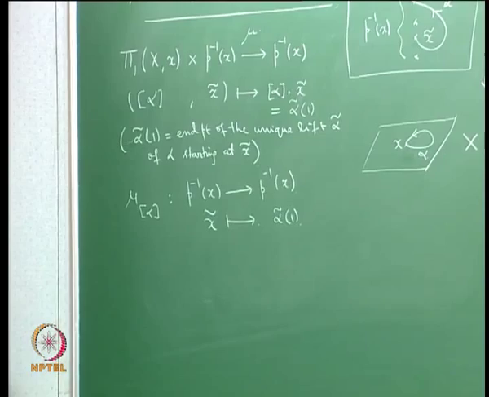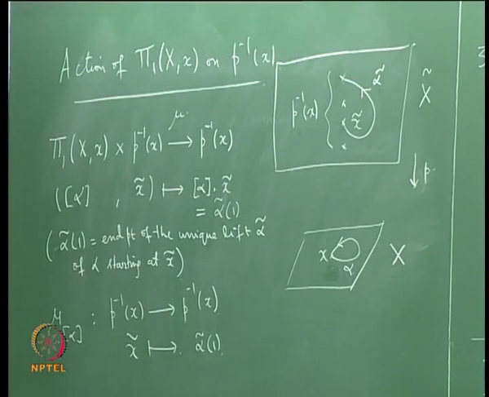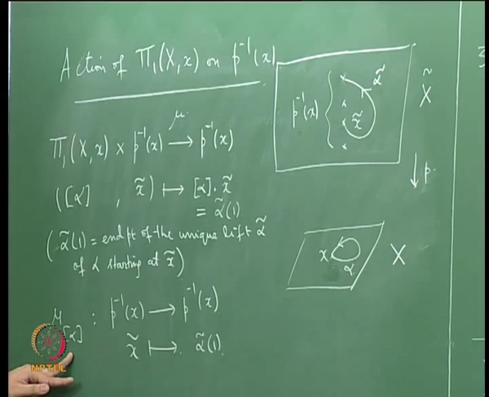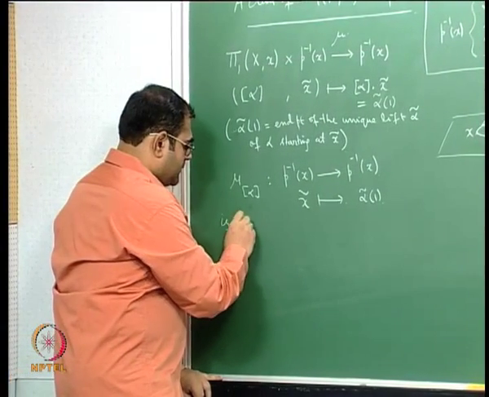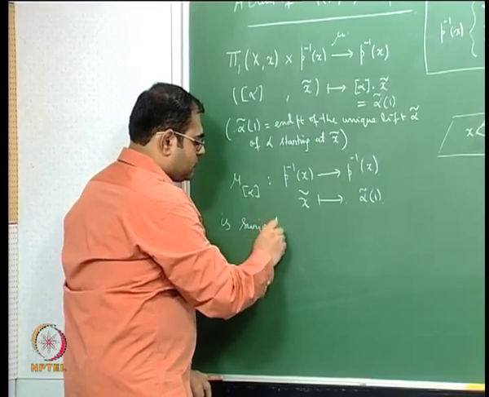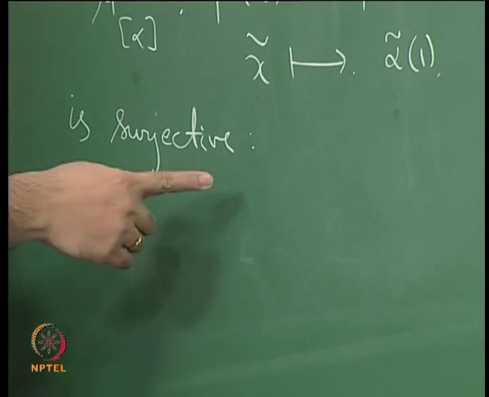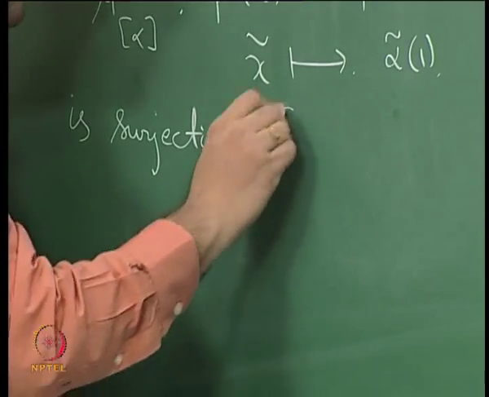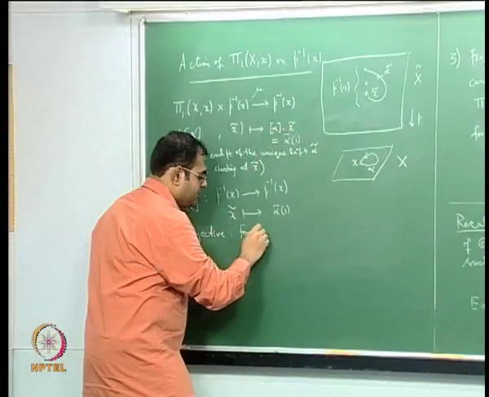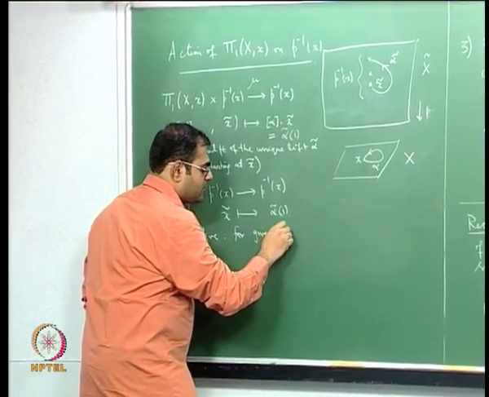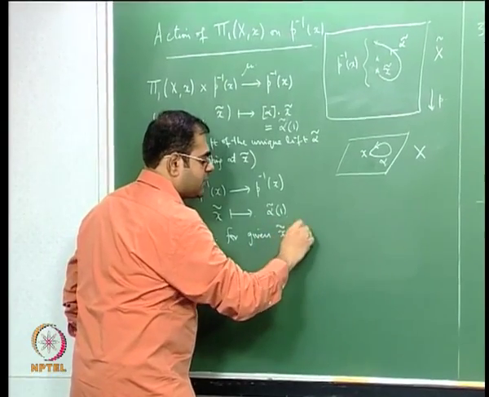Now, to verify that this is an action, I need to say that each mu sub alpha is a bijective map. I have to say it is a permutation of P inverse of x. So how do I say it is surjective? It is surjective for a given point, say x1 tilde, in the fiber.